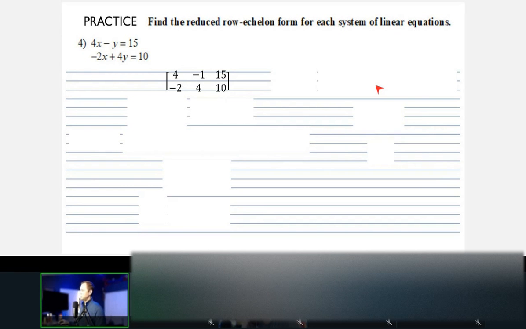All right, anybody like to share what you did first? Remember, there's more than one right answer for what you could have done first. What did people do? So you switched row 1 and row 2, then multiplied.